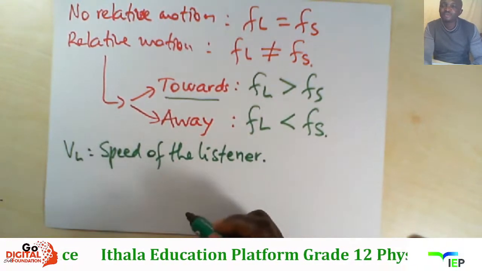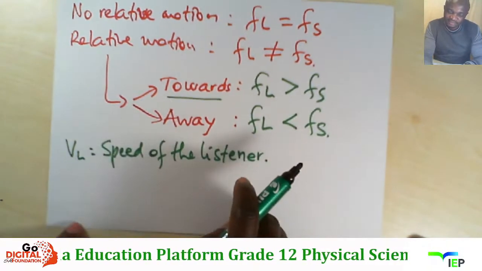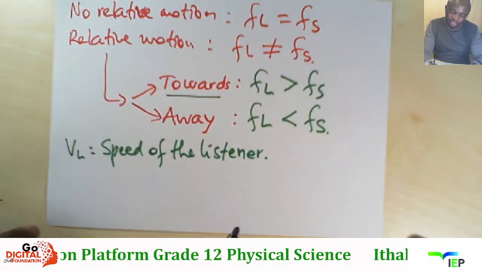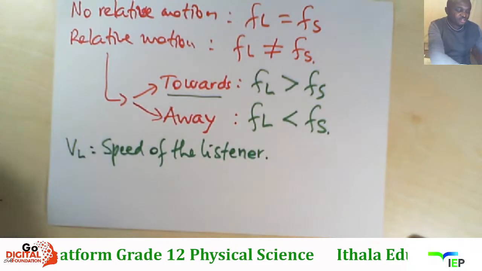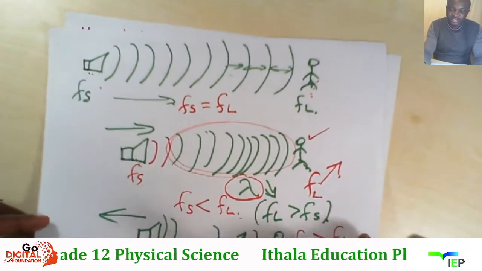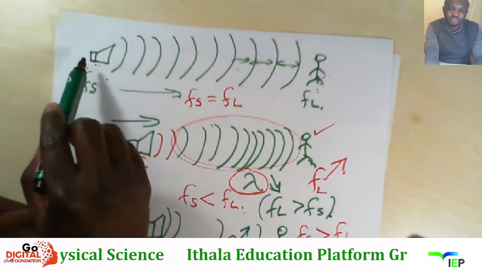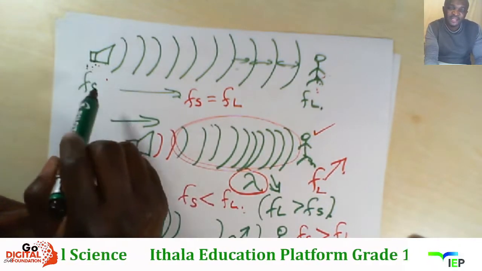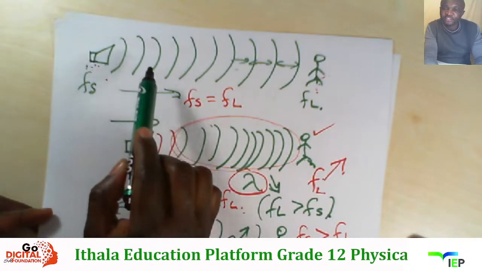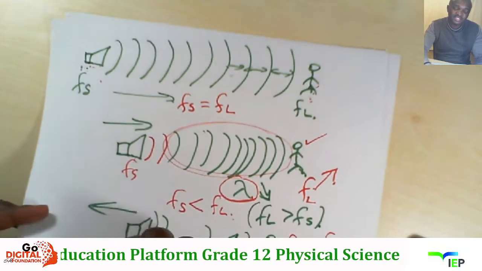Right? Then what do we talk about? The speed of the source of the sound. Then there is the speed of the sound. Those are two things. The speed of the source of the sound. In this example, the speaker is the source of the sound. It's not the sound. So when the speaker moves, the source of the sound is moving. It's not the wave. The source moves as long as it is producing sound.